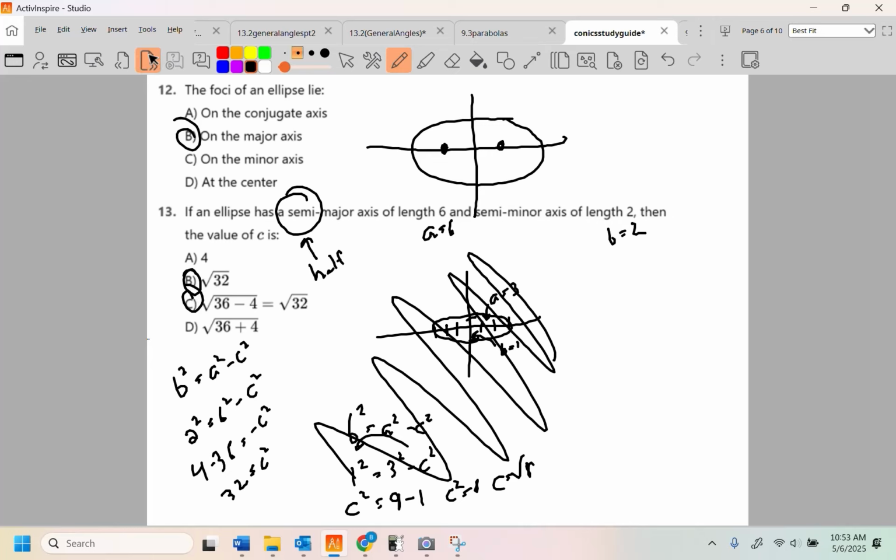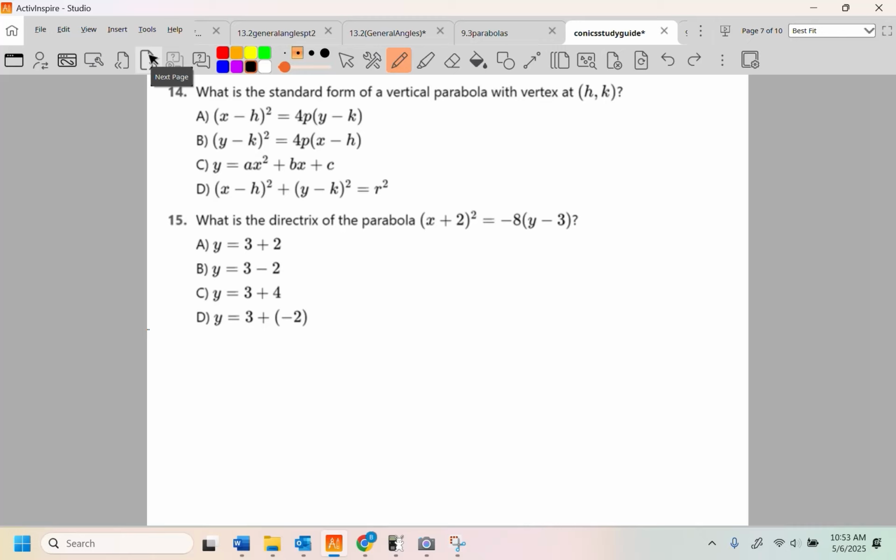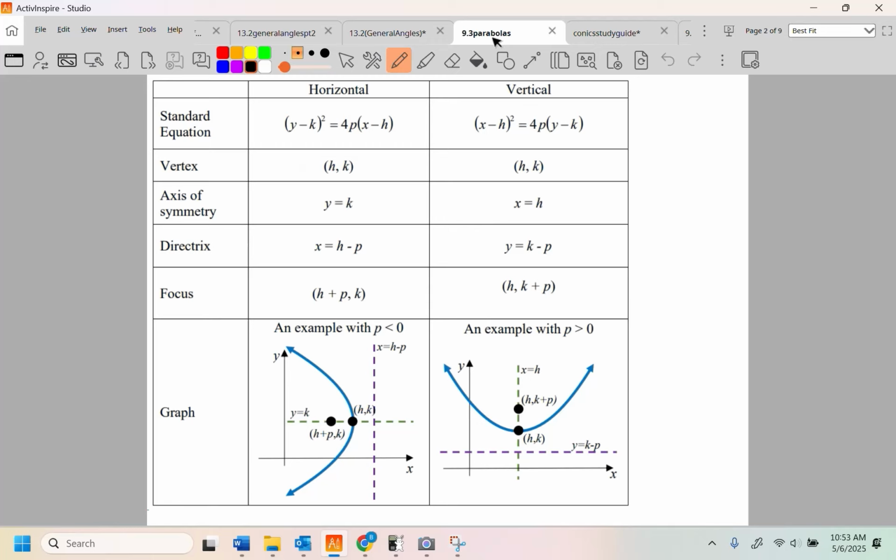They really are. All right, what is the standard form of a vertical parabola with a vertex at h, k? So we just did parabolas Tuesday.